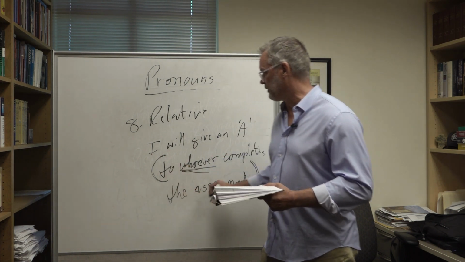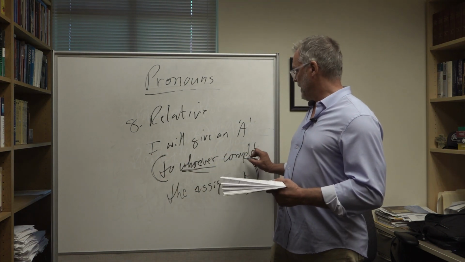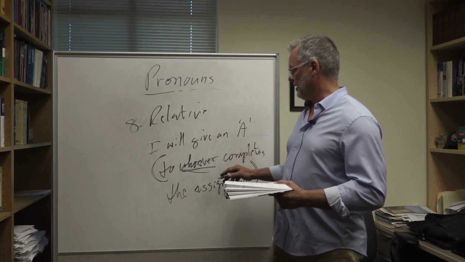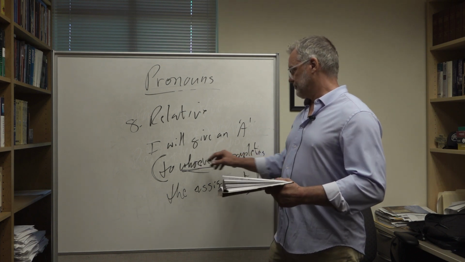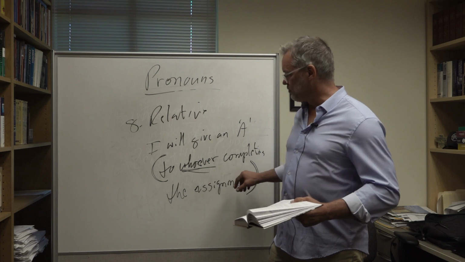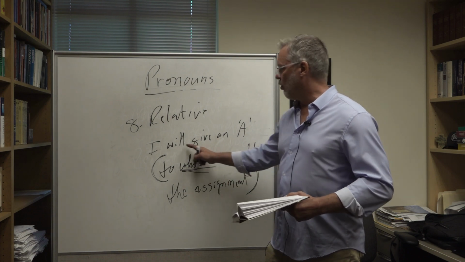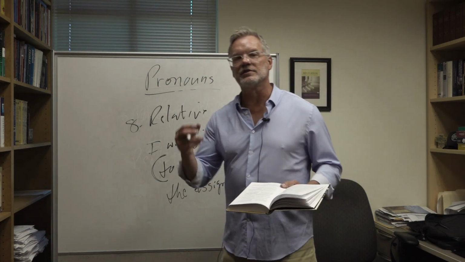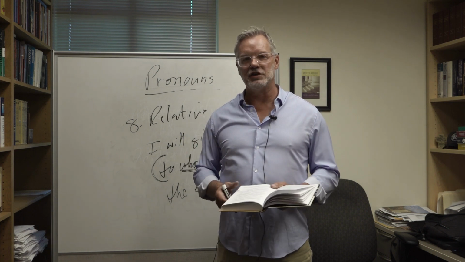So here's the whole relative clause. It has its own verb, it has its own direct object, but the whole clause functions like a noun. It functions as the indirect object of the sentence. And it can do that in Greek as well as in English.